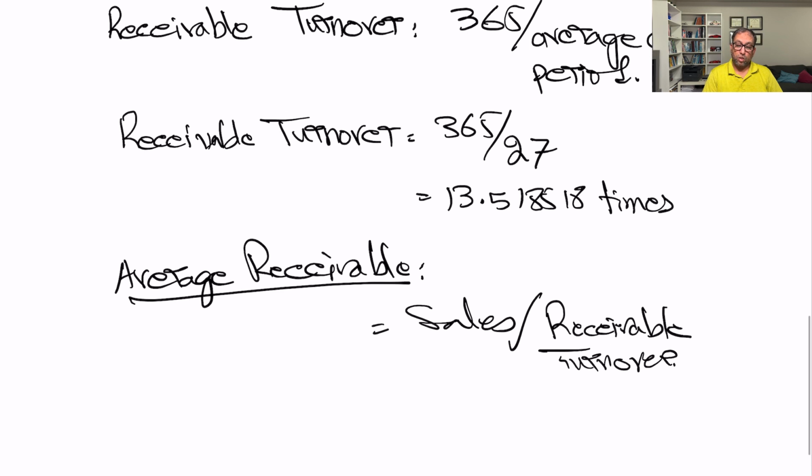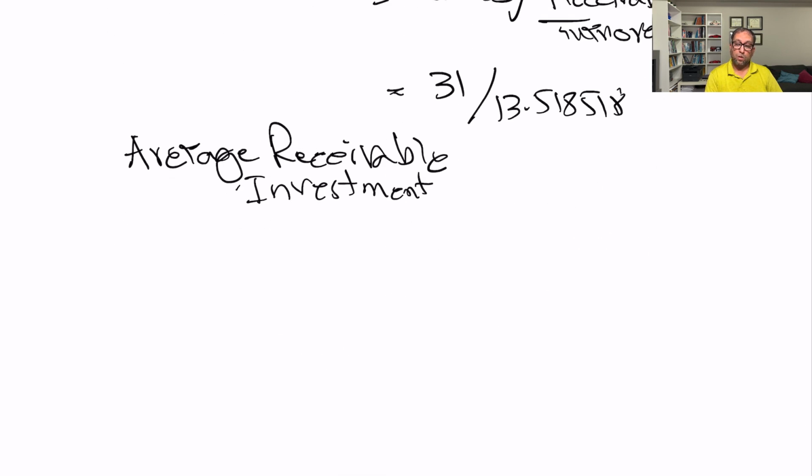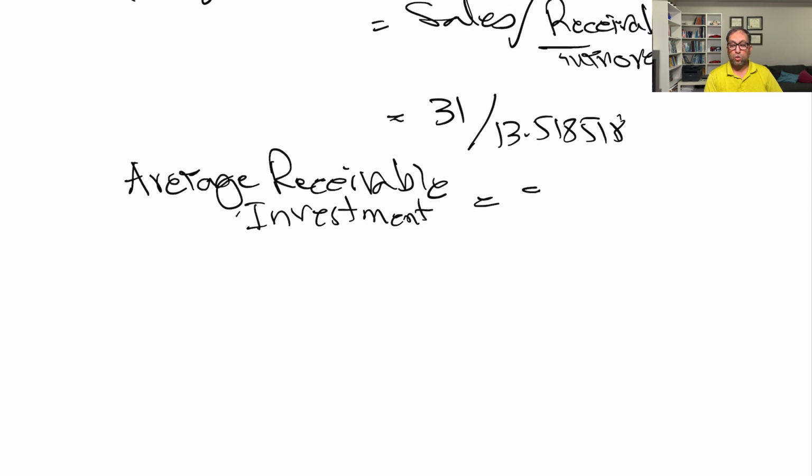So in this case we have 31 million in sales divided by 13.518518. So we get the average receivable investment, which is 2,293,151.25.